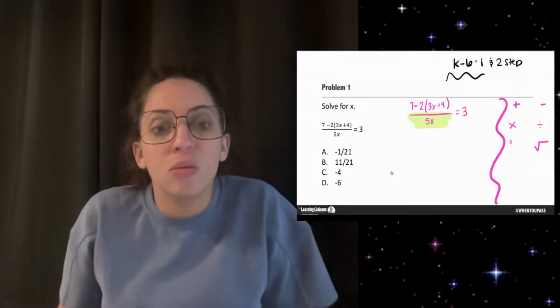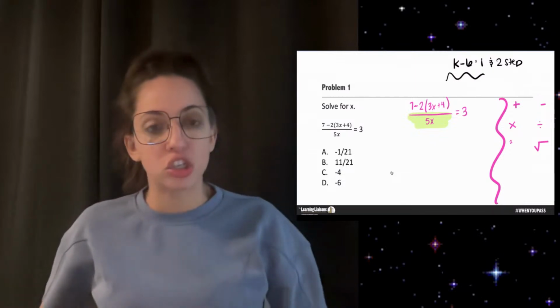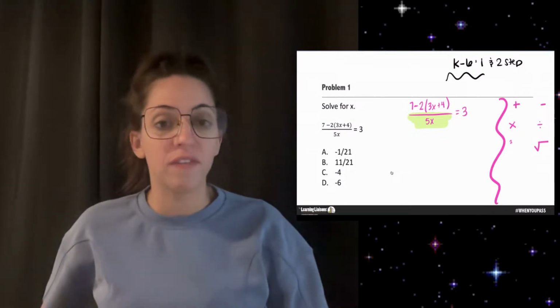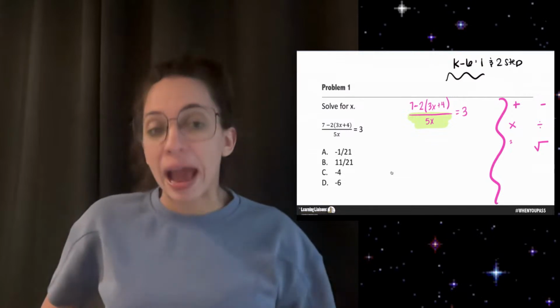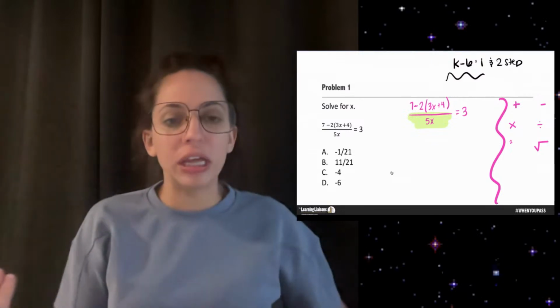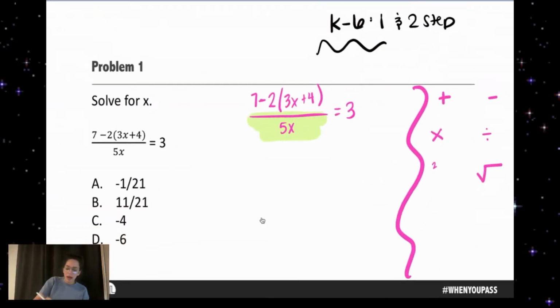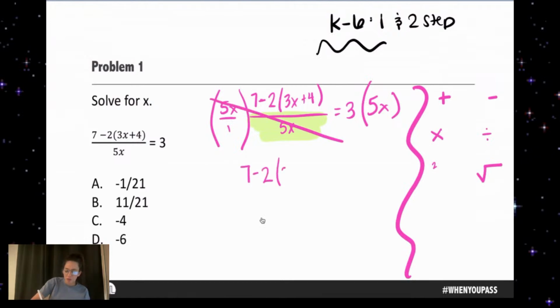If you read it out loud, 7 minus 2 times the quantity 3x plus 4, divided by 5x, I now realize it's being divided. So I need to multiply both sides by 5x. By multiplying both sides by 5x, this crosses off, and I'm left with my numerator out of numerator jail. 3 times 5 is 15 with the x.